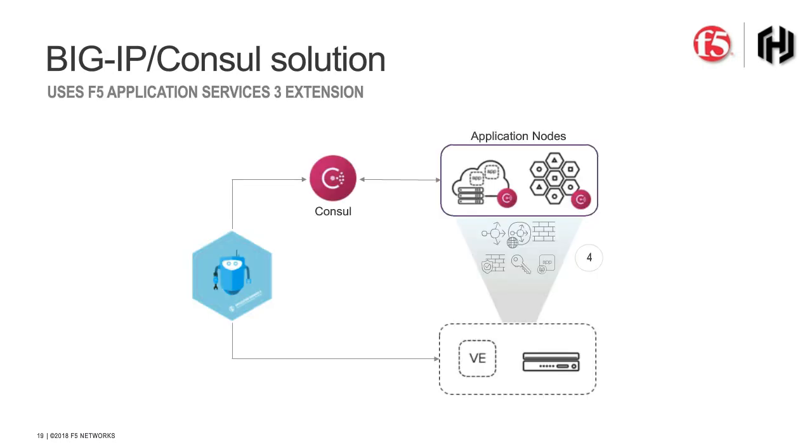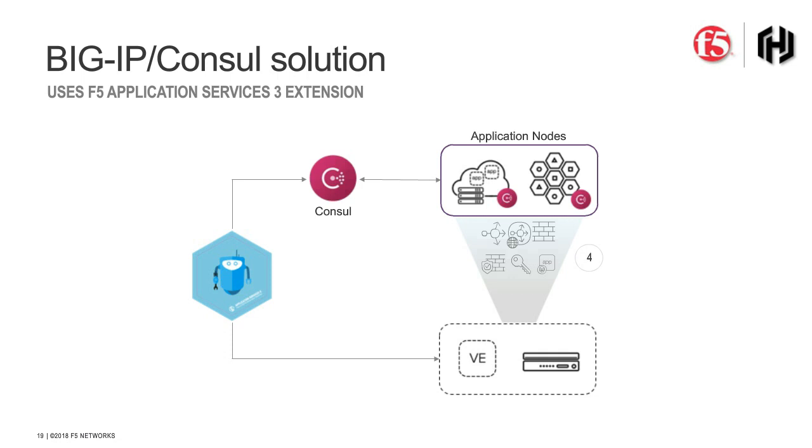So the Big IP in the Consul solution, it's an F5 application, it's an F5 AS3 extension. The package itself actually integrates the Consul API, and the actual virtual edition Big IP appliance can essentially go to the Consul server nodes, figure out which applications are healthy, and it does this again through the catalog that it exposes, and the application nodes themselves run Consul agents that provide health checks locally.